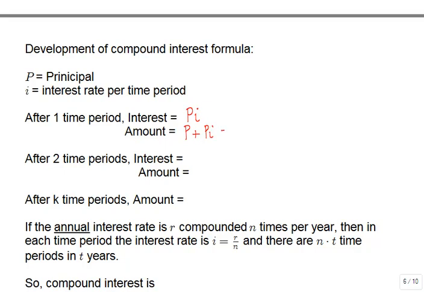And I'm going to rewrite this in a factored form. Both of these terms have a P, so let me factor out that P, and I would be left with, in parentheses, 1 plus I.